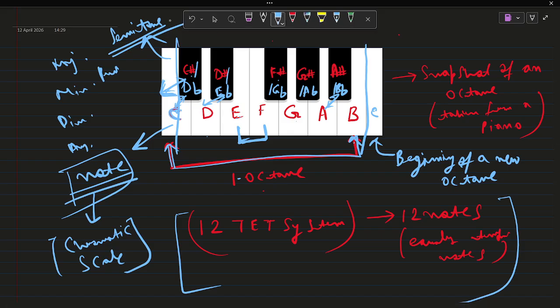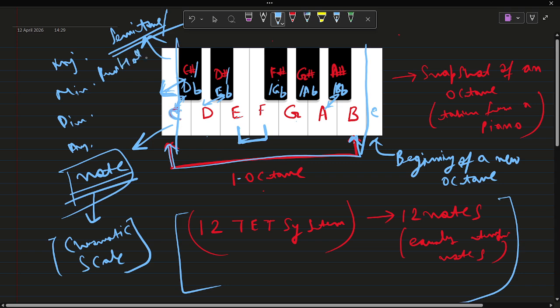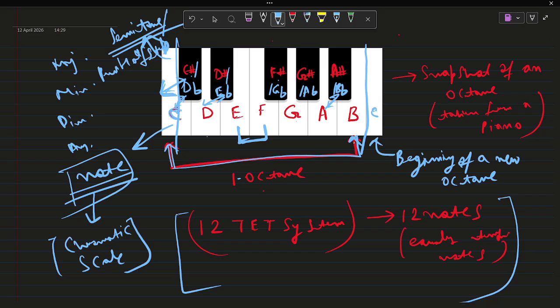This semitone is also known as the half step.